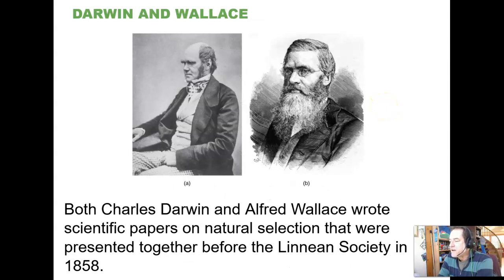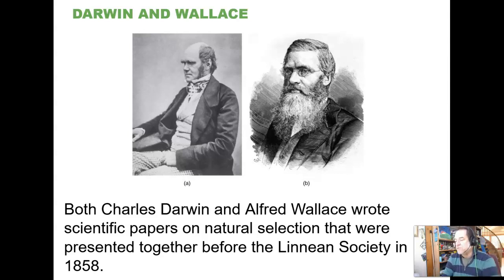So Darwin and Alfred Wallace are both people who really put together a terrific body of observations, created the hypotheses, tested them with observational data collection, and basically wrote the same theory, or the same ideas down.